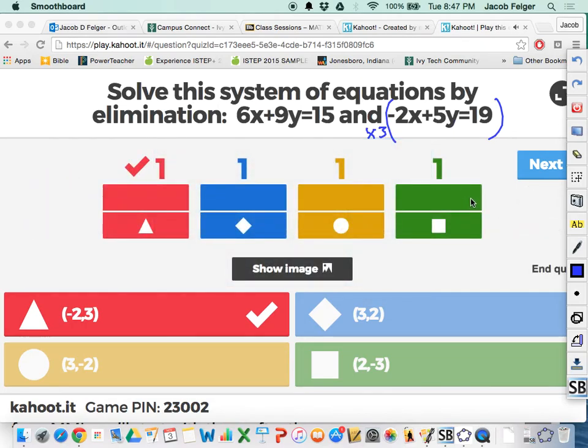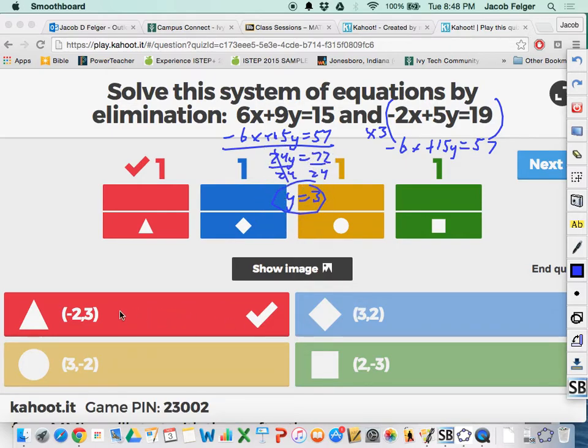Everyone picked a different one. And who got it? Hey, Chance and Maggie. Hey, we do need to look at this then. So this would be a negative 6x plus 15y equals 57. And then when you stack them up, 24y equals 72. Divide by 24, divide by 24, y equals 3.